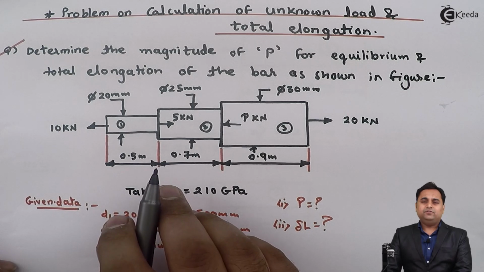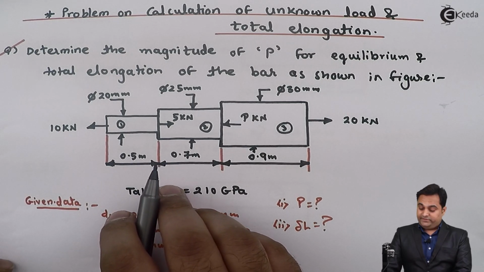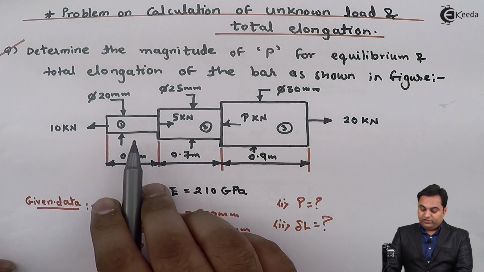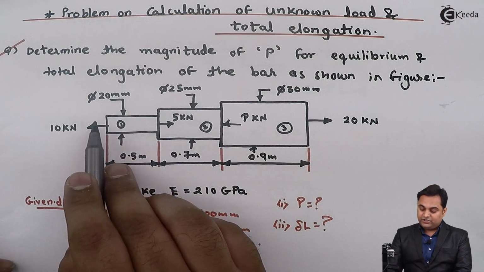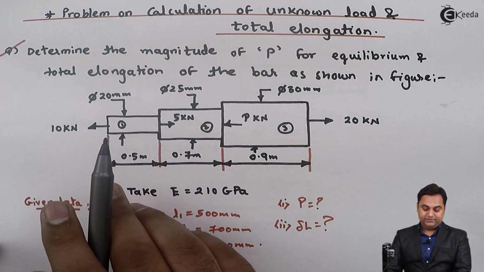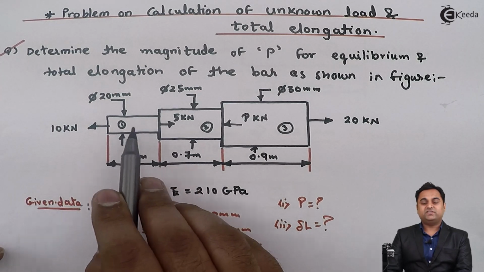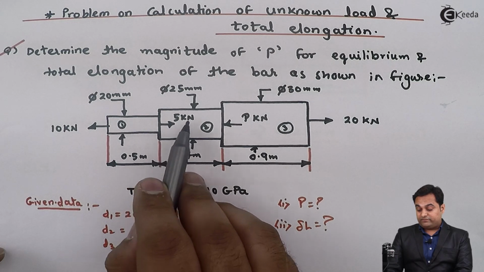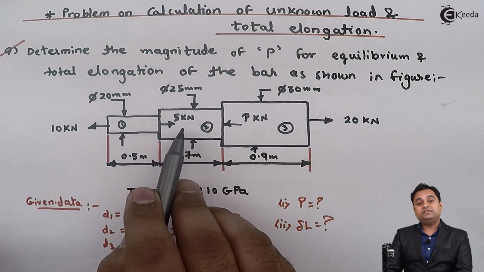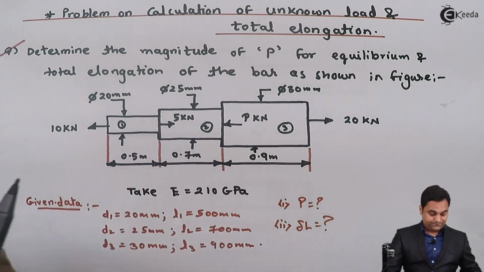So what is the value which we have to take? Now, if we look into this, at section 1, when we have separated it, there was 10 kilonewton load towards left, 10 kilonewton towards right. Now this 5 kilonewton towards right is the load at the junction.